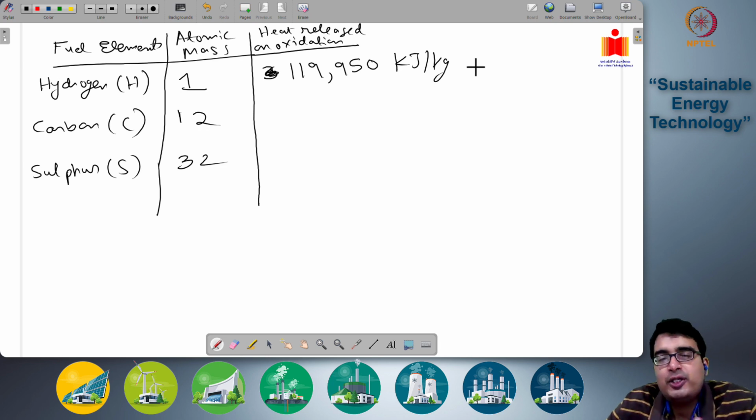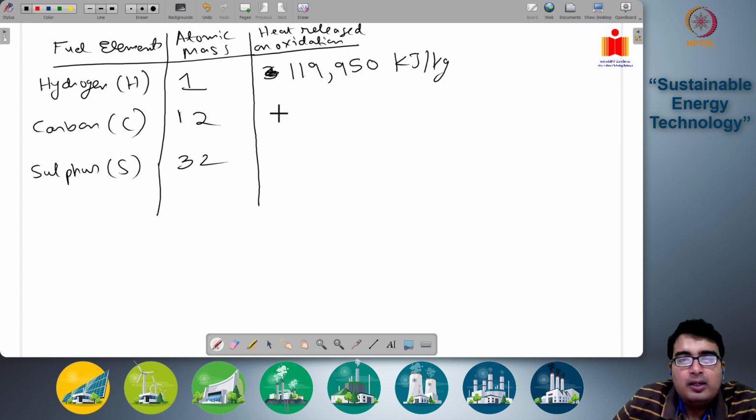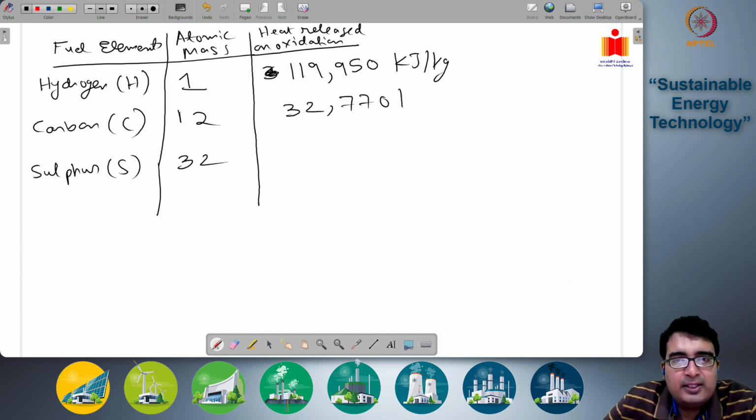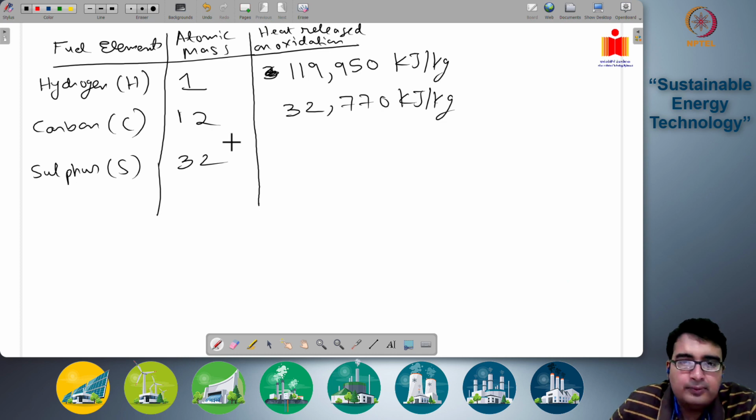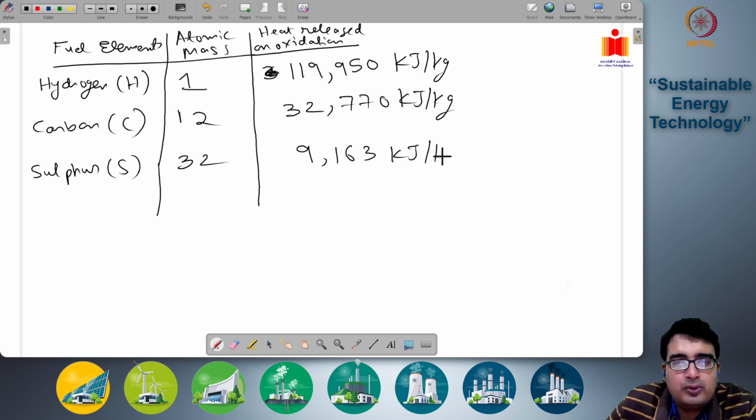So hydrogen releases 119,950 kilojoules of heat when 1 kg of hydrogen is burnt. For carbon, it releases 32,770 kilojoules per kg, and sulfur releases 9,163 kilojoules per kg.